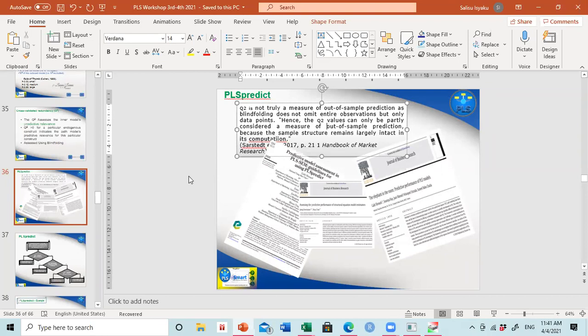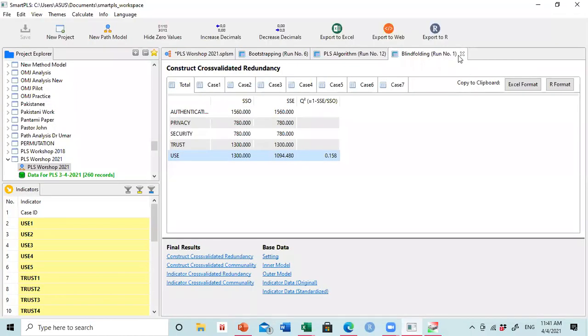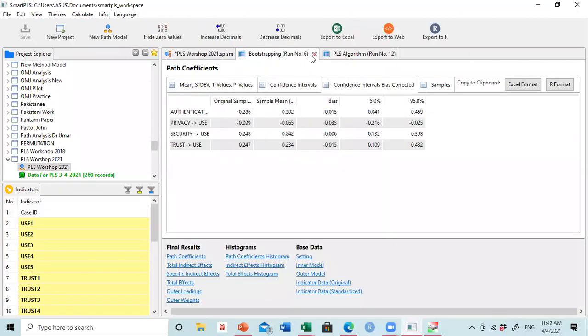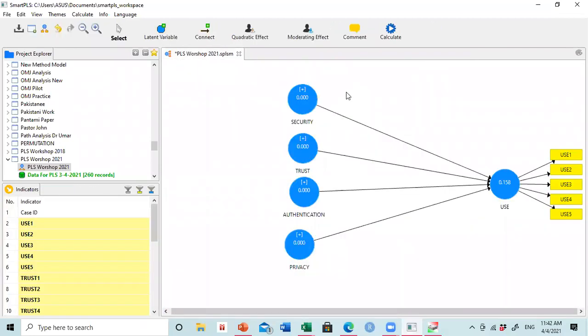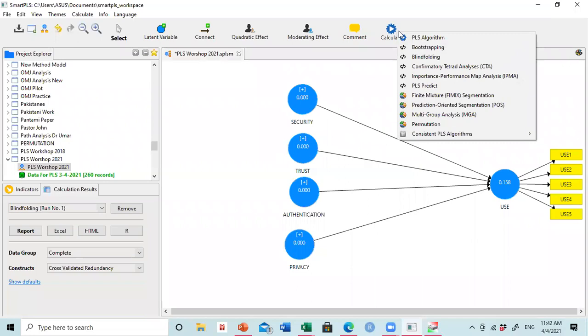Okay, so how are we going to do this PLS predict? Ladies and gentlemen, this is how. It's all simple things, unless you want to know more difficult things. We have this model, we just say calculate. Now come down and see there's PLS predict.